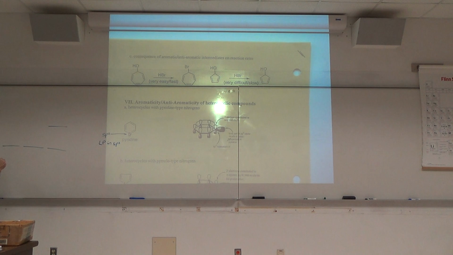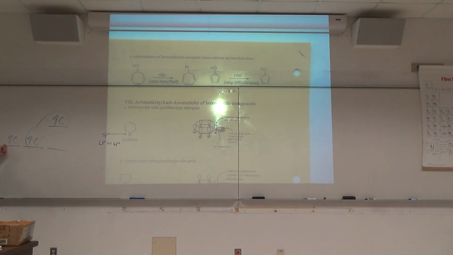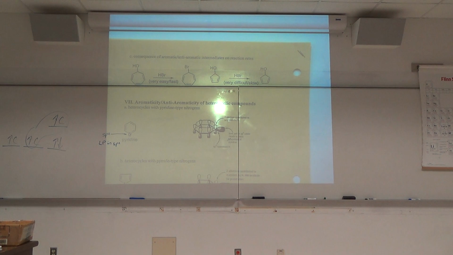What type of bonds do you see the nitrogen making? Sigma bond to carbon, sigma bond to carbon, and pi bond to carbon. All together now, that's your double bond to carbon. Here's a single bond to carbon. What's left over? Lone pair left over. There you go. The lone pair is in a hybrid sp2.